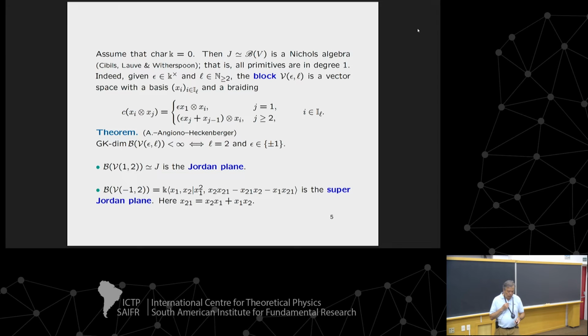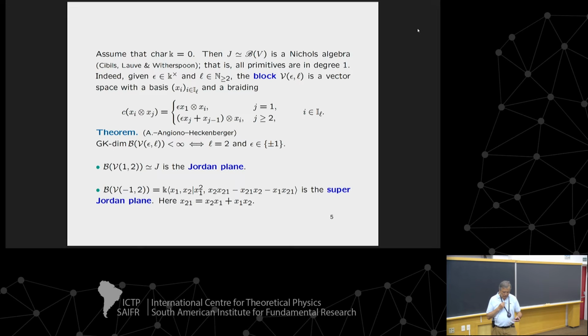So what is a block? A block is a vector space of dimension L with the basis x1, ..., xl, such that c of xi tensor xj, if j is 1, is epsilon x1 tensor xi, and if j is bigger than 1, is given by this formula, epsilon xj plus xj minus 1 tensor xi.